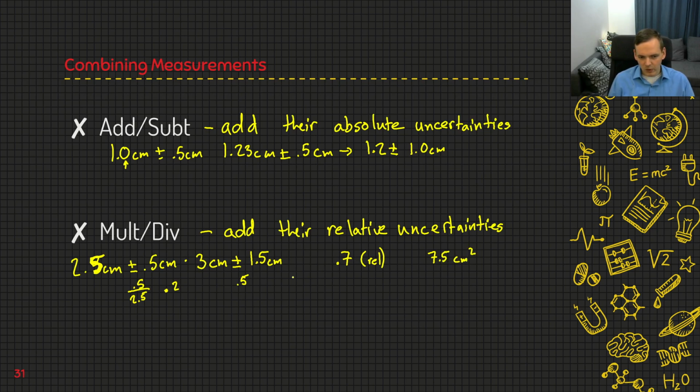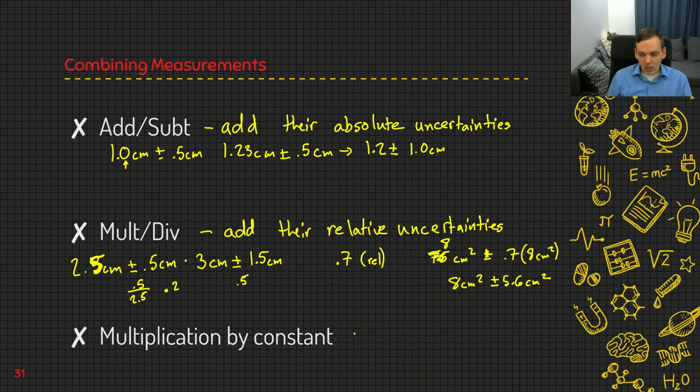But because I only have this number of 3, that should be reported as 8 centimeters squared, because I only want to report one significant figure. And then plus or minus 0.7 times 8 centimeters squared, because again this is a relative uncertainty, so if I want to report it as an absolute value I need to multiply it through. So that's going to be 8 centimeters squared plus or minus 5.6 centimeters squared.